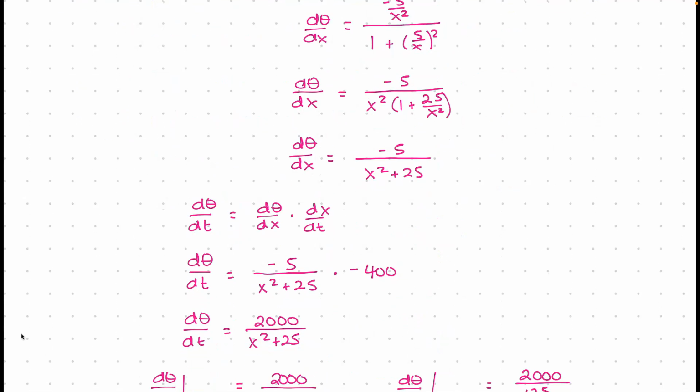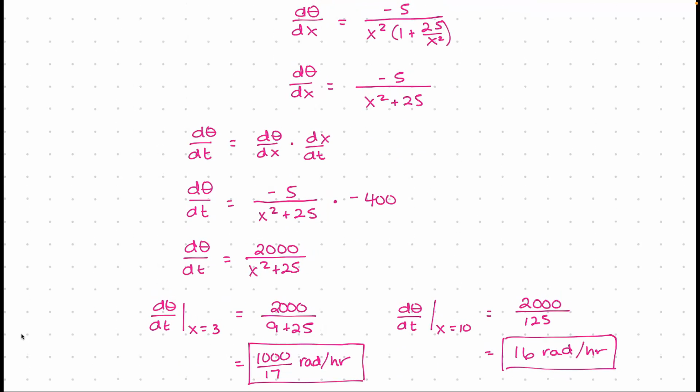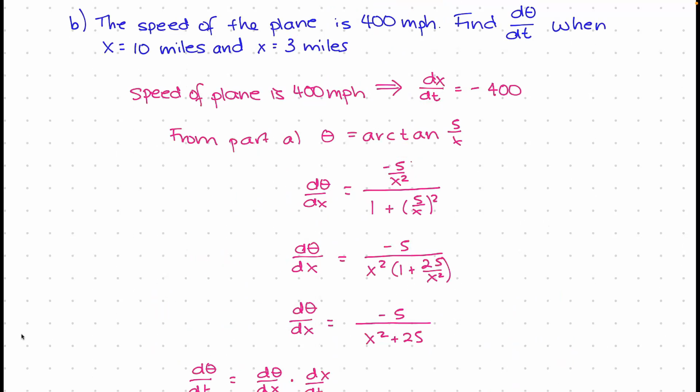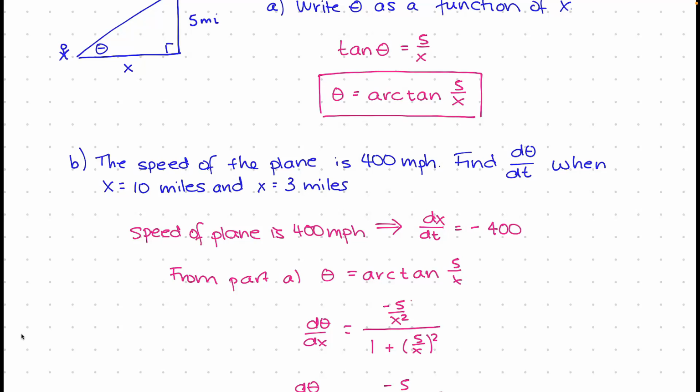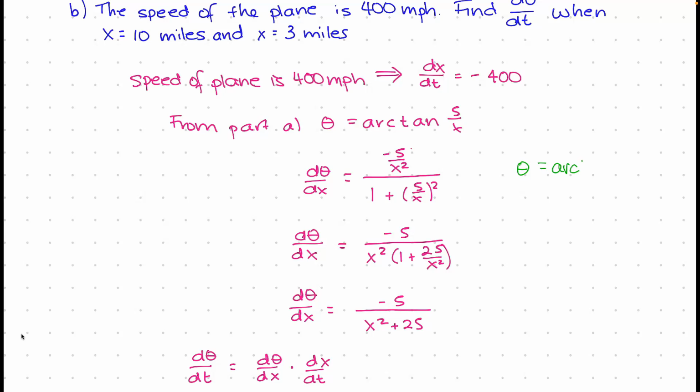oh, I was doing the derivative in a different way the year I did this. But if you take the derivative with respect to time the way we did it, here I'll go ahead and redo this one. So starting with theta equals arctan 5 over x, we can say d theta dt equals the derivative of arctan, which is 1 over 1 plus the ratio squared.